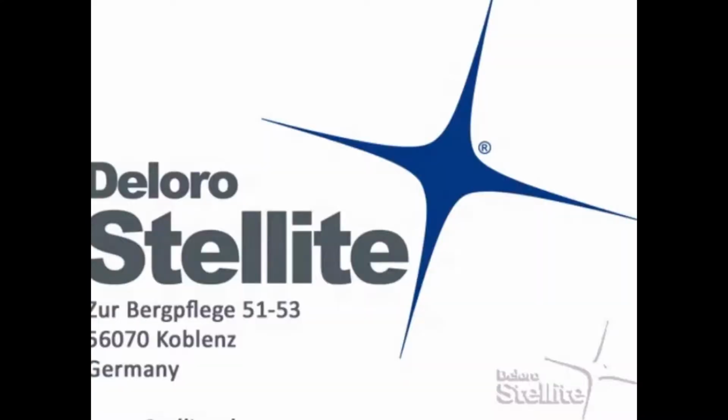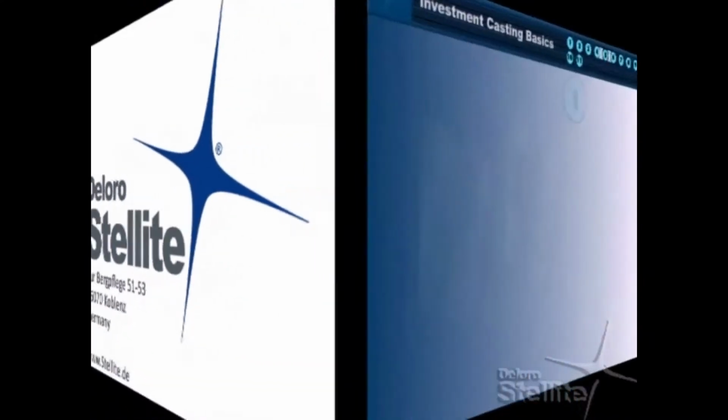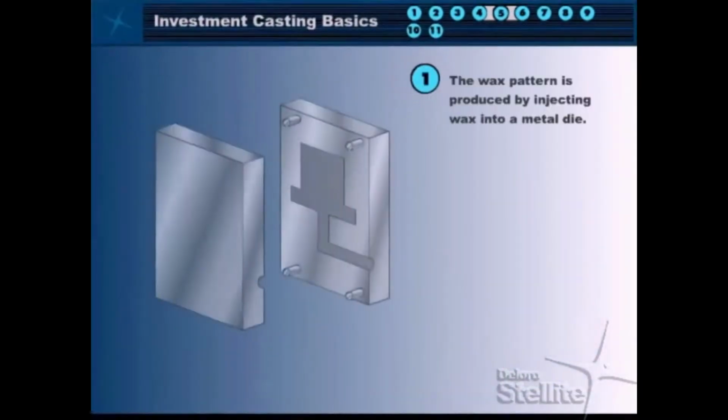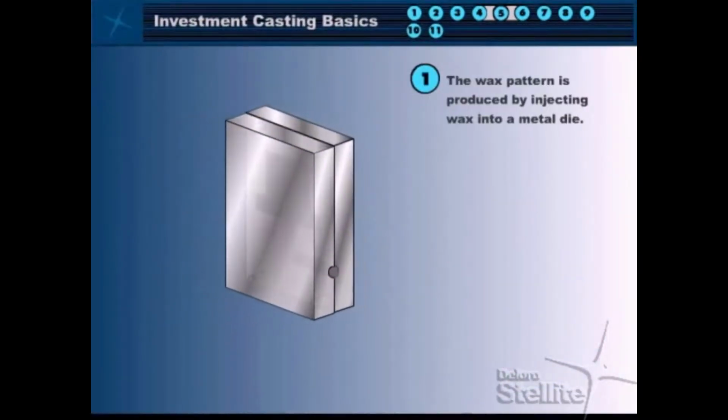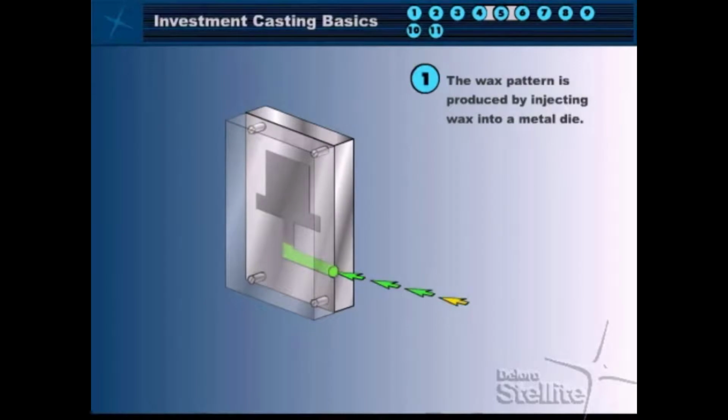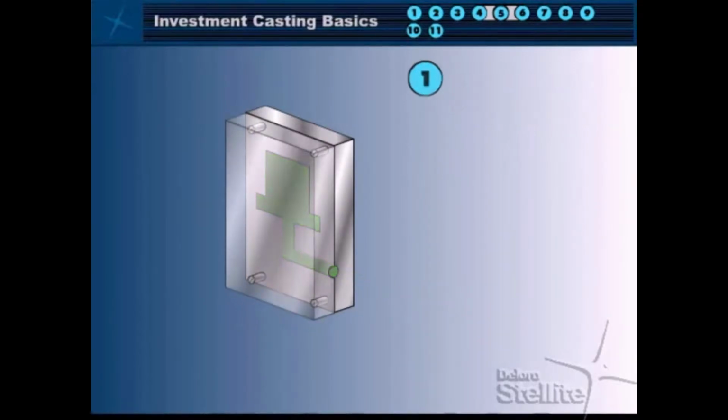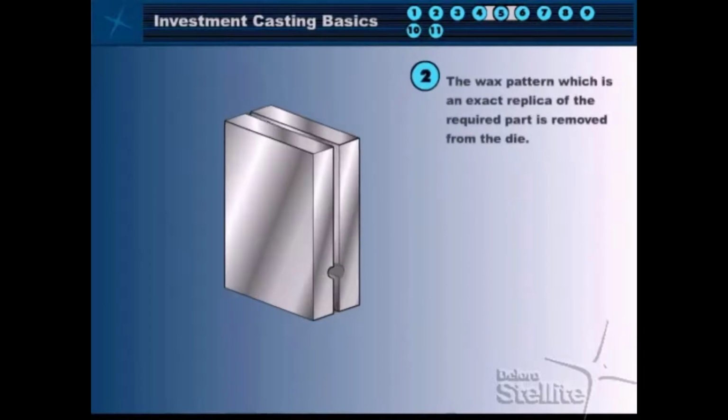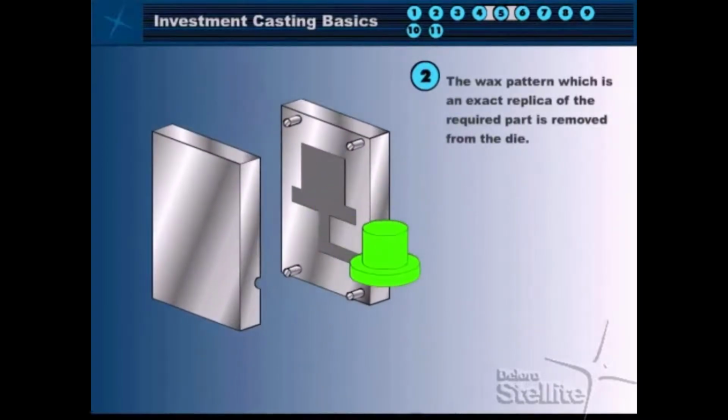Let's take those steps in the ceramic shell investment process and bring them to life with an animation. First, we have that die that creates the wax patterns. Wax is warm and slick, so it will release from the aluminum die with minimum, sometimes no draft. However, there is contraction in the wax and ultimately contraction in the alloy when poured.